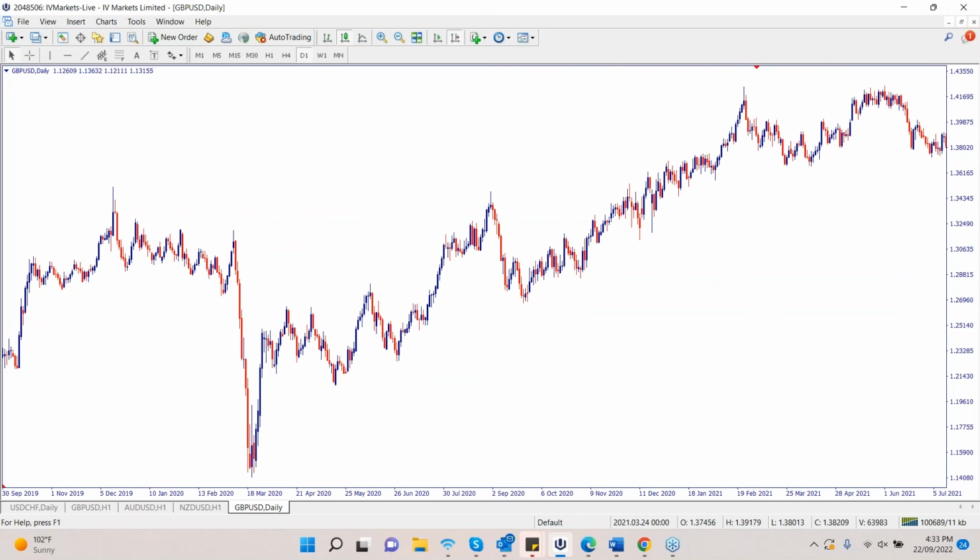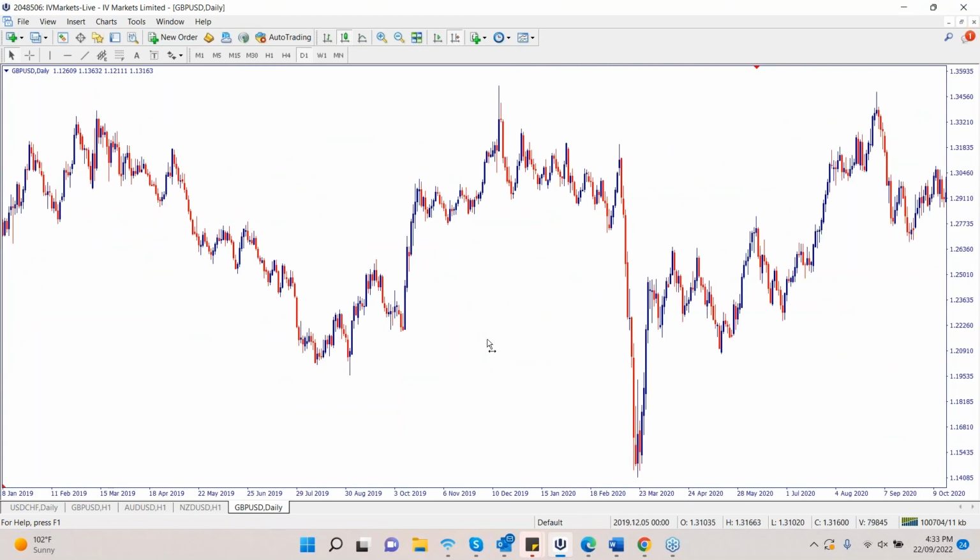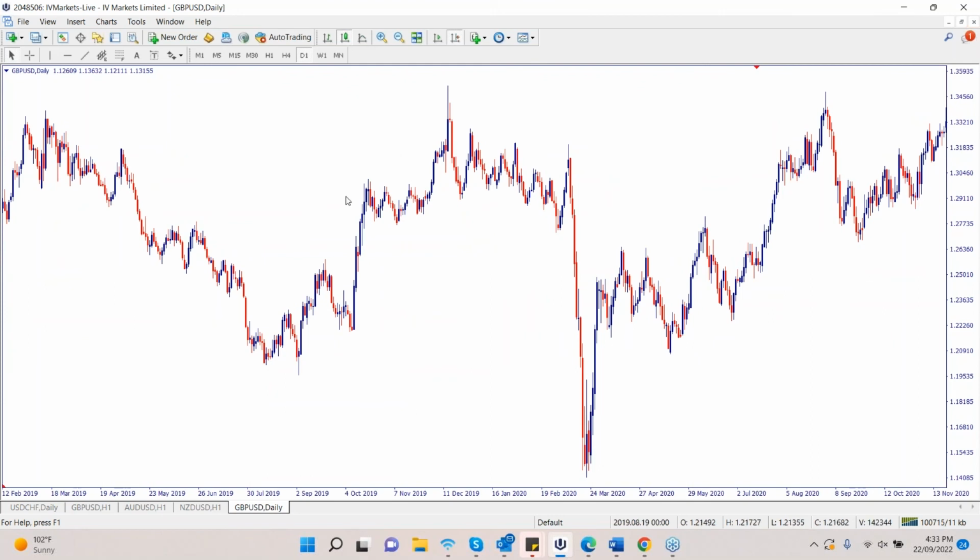I'm taking an example on this impulse because it is a very simple example and I have to make everything clear. This is the bullish impulse, this is the retracement, and again an impulse, as you can see in the market.